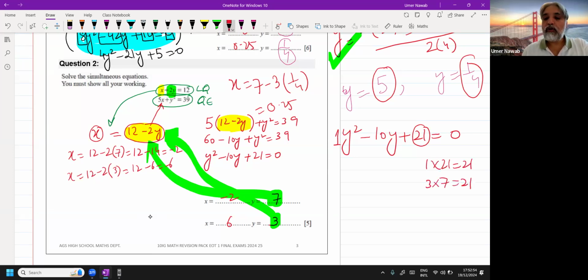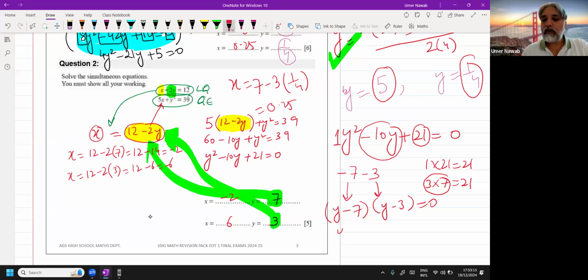Got it? Now, which two numbers, when you add or subtract them, give you negative 10? So negative 7 and negative 3 will give you negative 10. So this will give you the first factor, y minus 7, and the second factor, y minus 3, is equal to 0. Once you put these factors equal to 0, guys, that will give you the values of y, 7 and 3. And you saw that we found these values already.